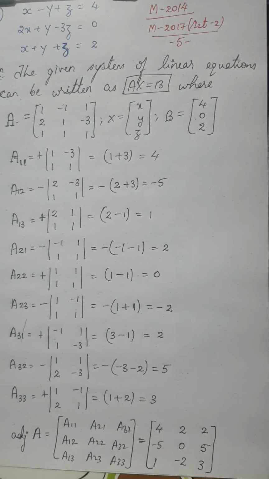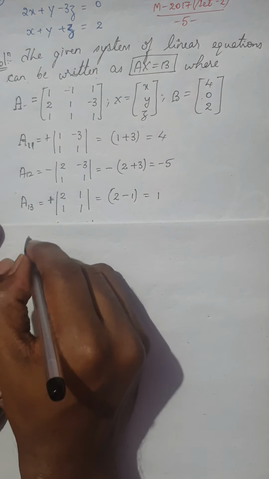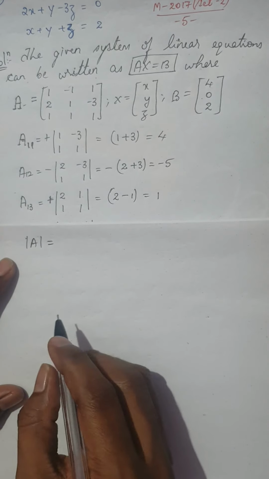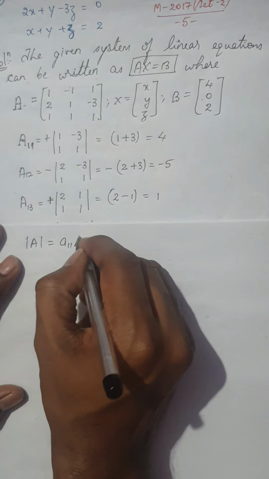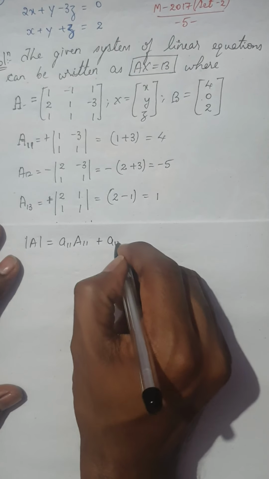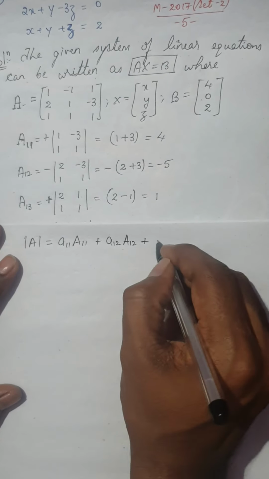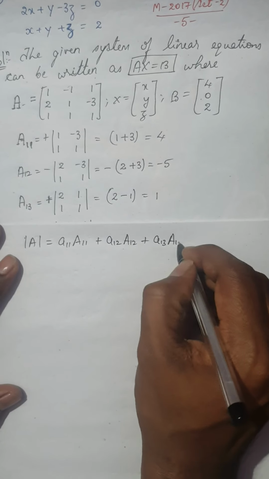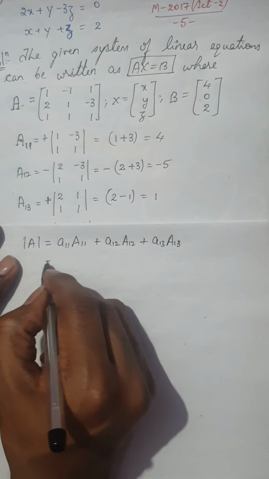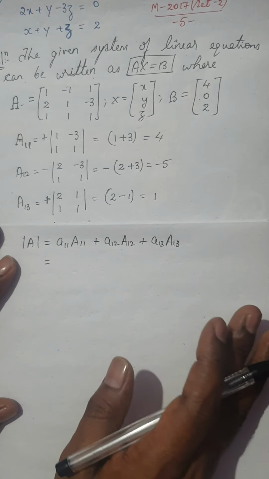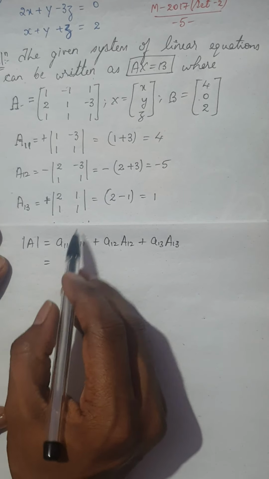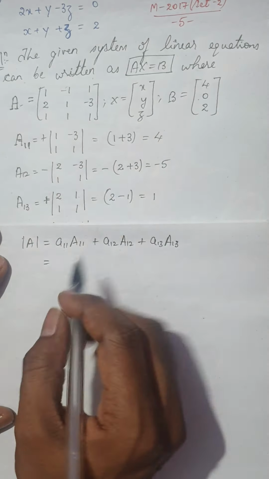Is it clear? So as I told you, the formula of determinant is, use the shortcut method, A11 into A11 plus A12 into A12 plus A13 into A13. That is, you can expand along any row or any column. For safer side, I'm using expanding along the first row.